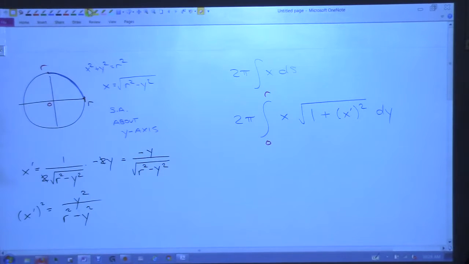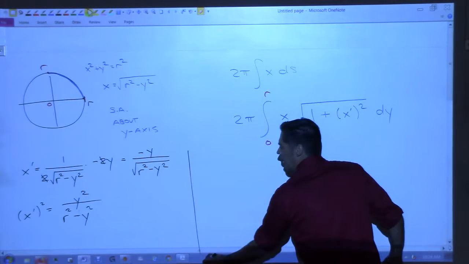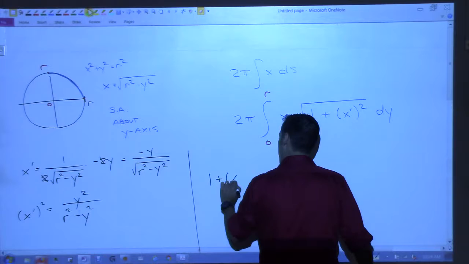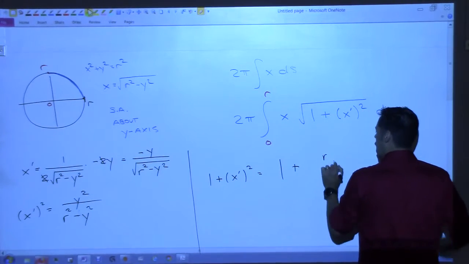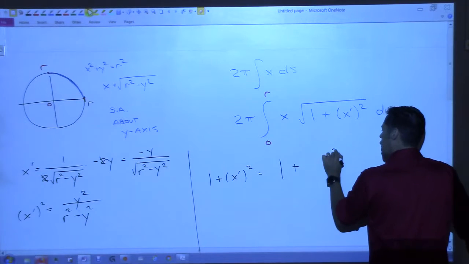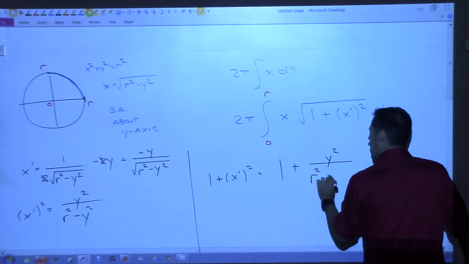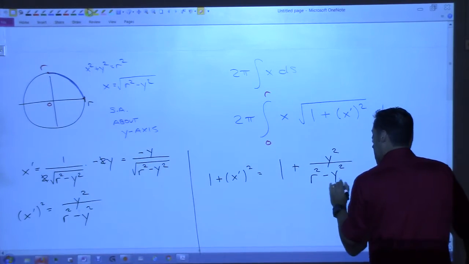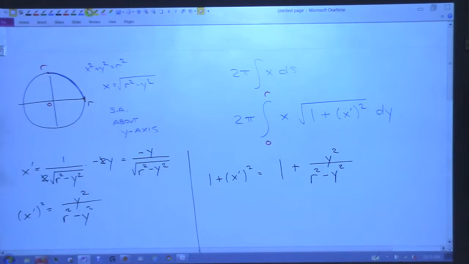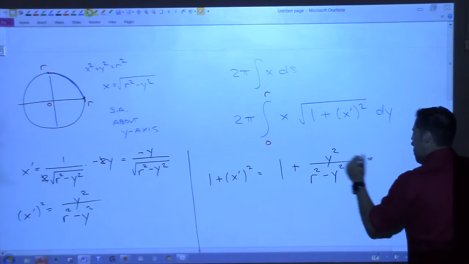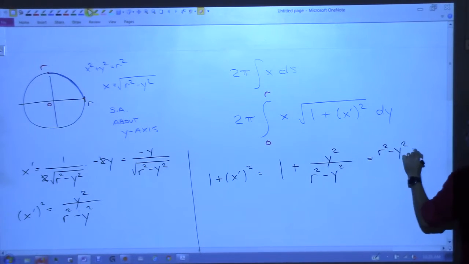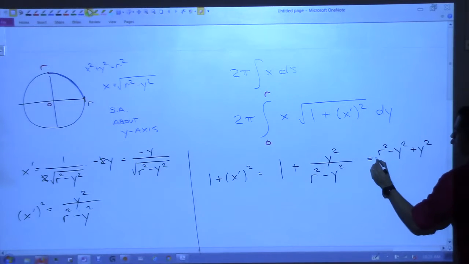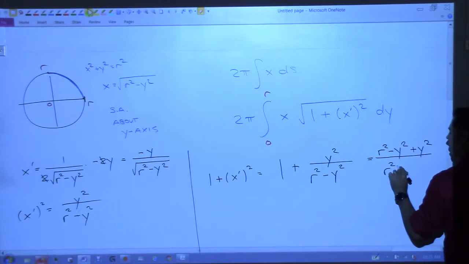I'm supposed to add 1 to that. I'm going to do that down here also. 1 plus y squared over r squared minus y squared. Common denominator? So I'm going to put r squared minus y squared right there, then plus y squared. Oh, look at that.